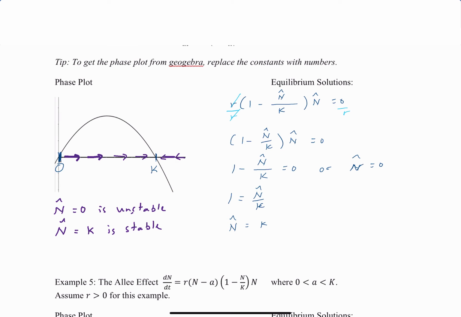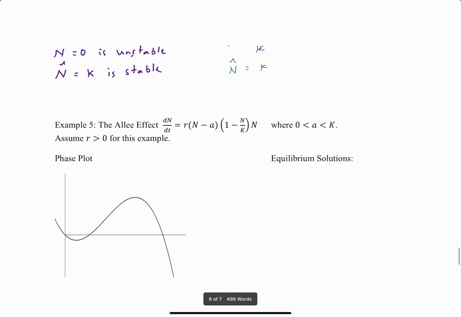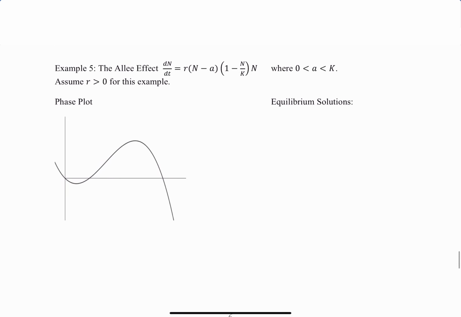The next example is basically a refinement of the logistic equation. The Allee effect takes into account the fact that sometimes when populations drop below a certain level, they then decrease to extinction.